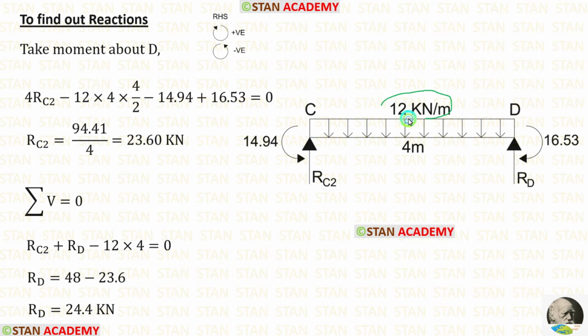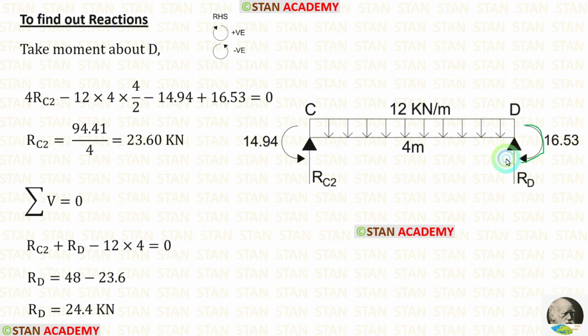The UDL 12 kN per meter is acting in the anticlockwise direction towards the point D, so it will be negative and the distance is 4 meter. When the UDL comes, we have to multiply with the distance and the distance by 2. So 4 into 4 by 2. Then we are having two moments. 14.94 is acting in the anticlockwise direction, so it will be negative.